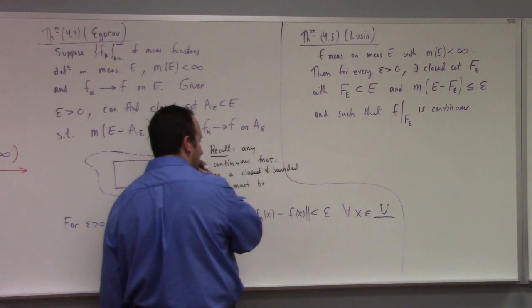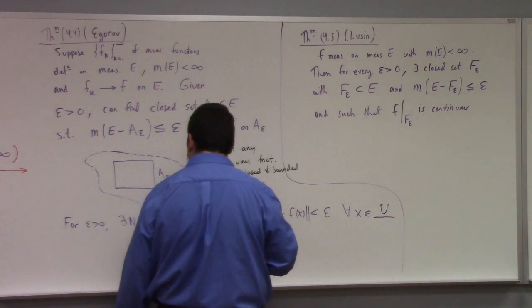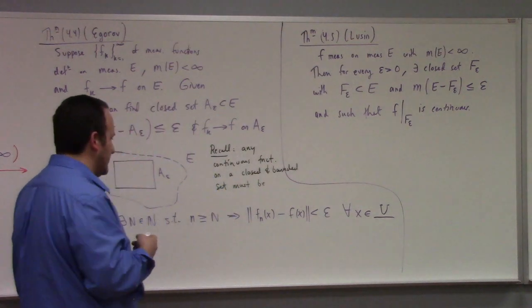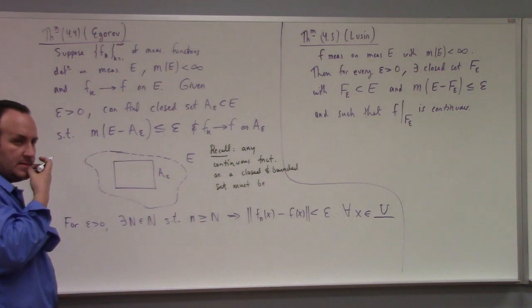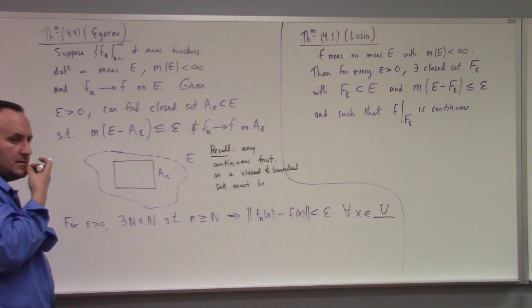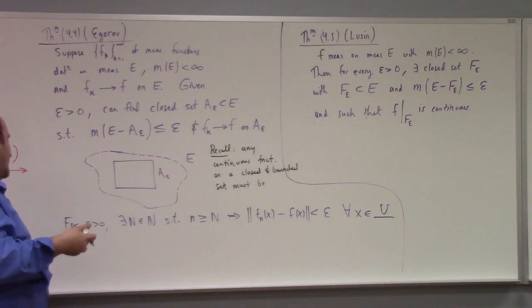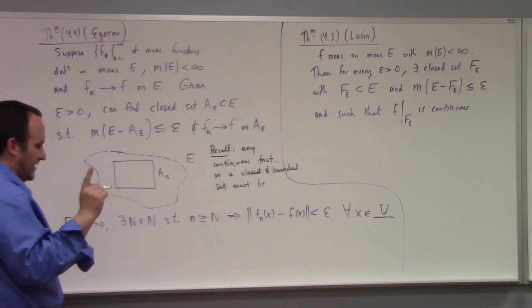Sequence of functions. What does uniform continuity of a function mean? Oh, that's right. Delta. I now remember. Thank you.